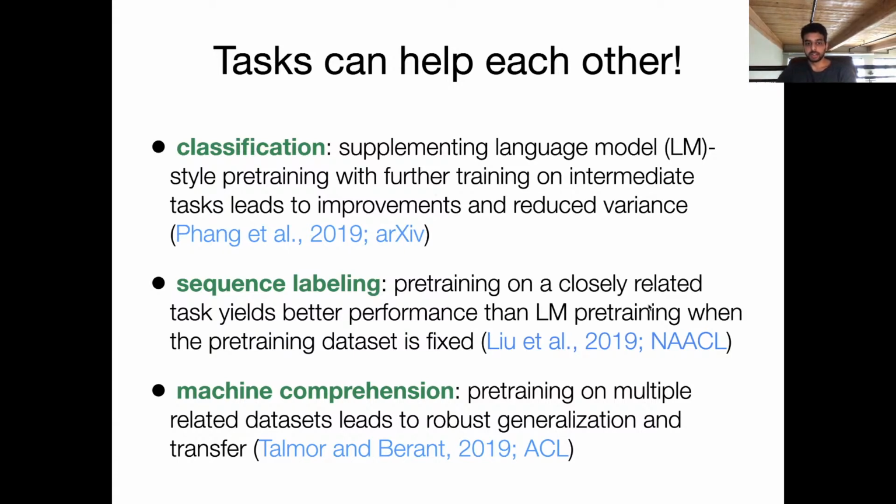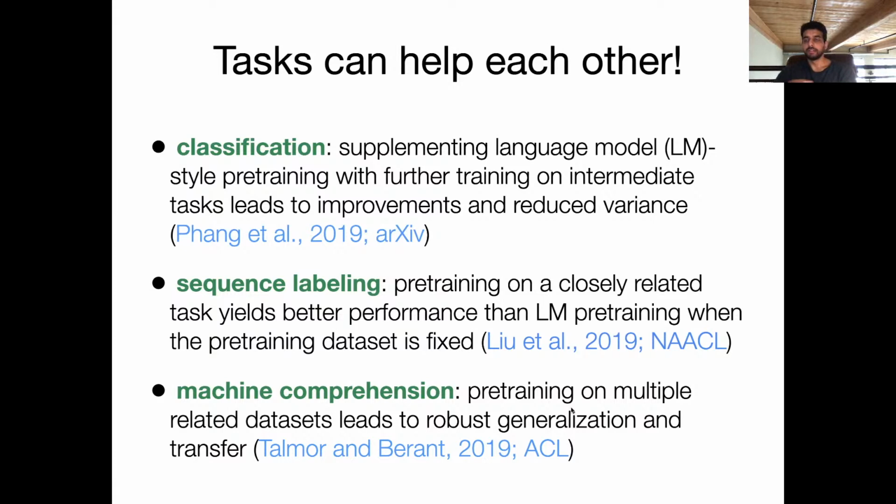So there's this other paper that we did not assign for this lecture by Nelson Liu that shows that using more related tasks, so if my downstream task is QA, doing intermediate fine-tuning on another QA task is more helpful than doing just language model pre-training without this.